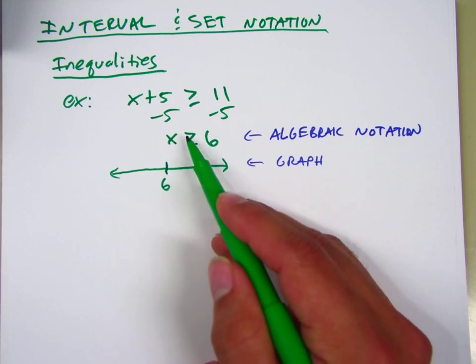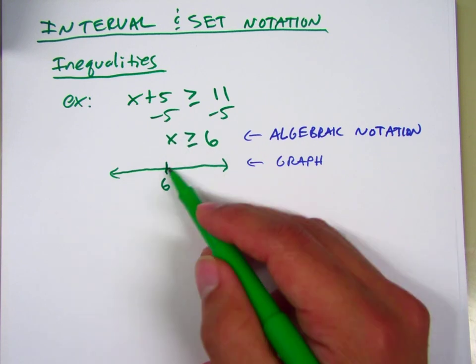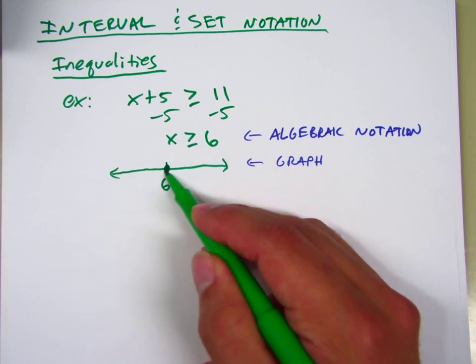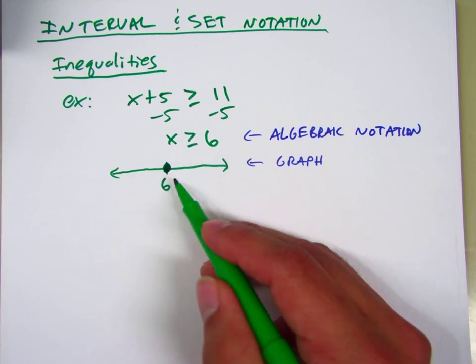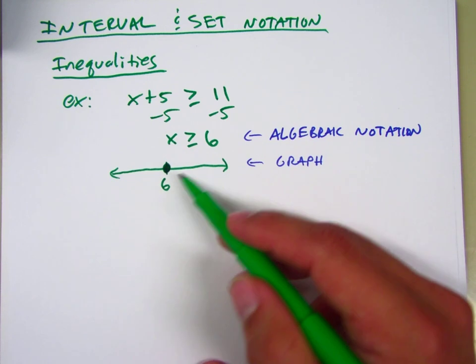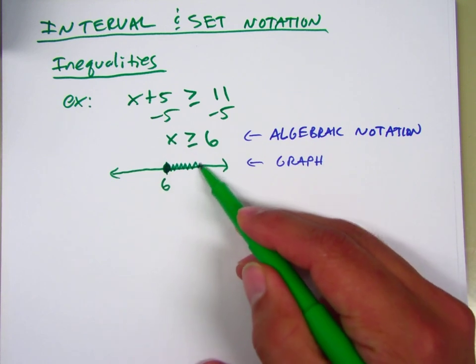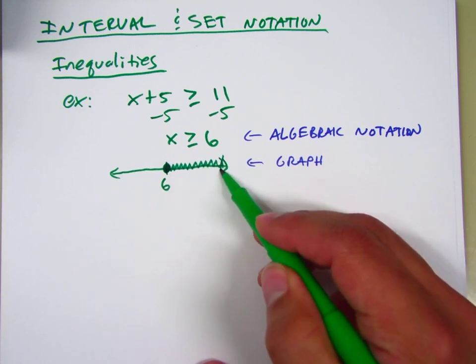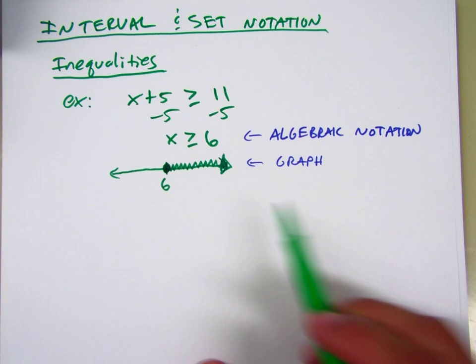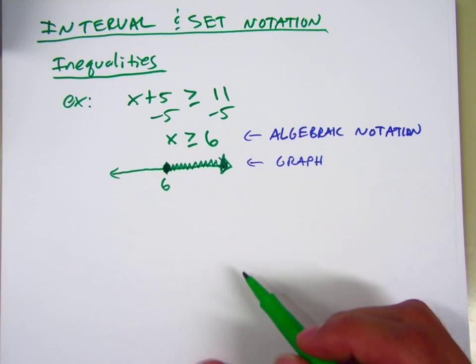This is telling us that the answers for x are all equal or greater to 6. So hopefully you remember that that means we have a closed circle. And since x is greater, we shade to the right. So this is what the graph would look like.